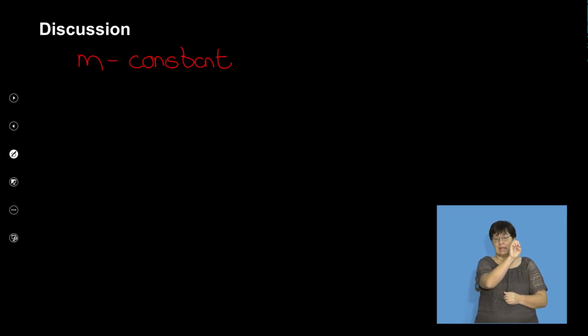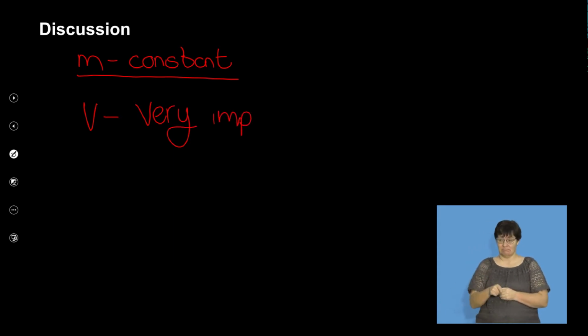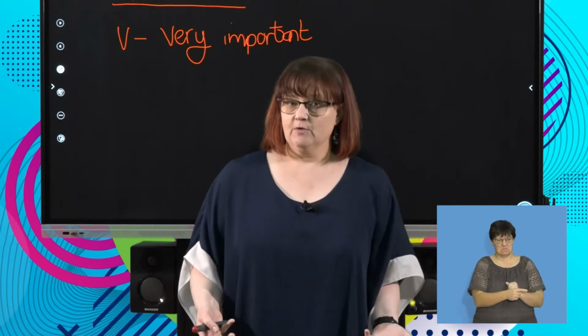So it means that it had more kinetic energy. Mass does affect kinetic energy, but speed is very important. In fact, the velocity that it's going at is more important in terms of how it changes the kinetic energy than the mass is.